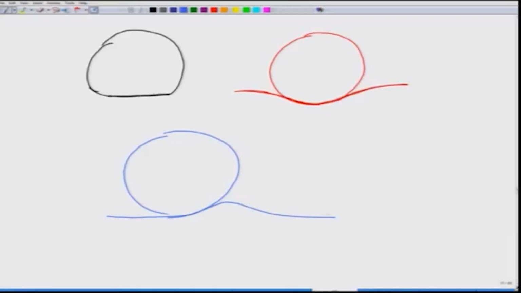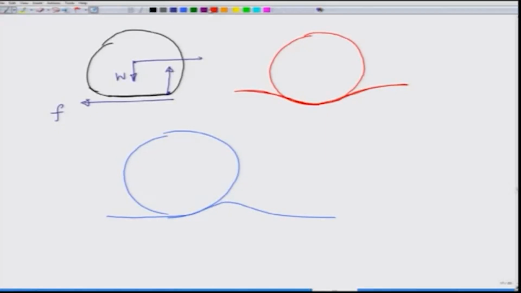What happens when I try to pull this wheel forward? There is a normal reaction acting at this point, and there is a frictional force preventing the sliding. There is obviously a weight acting.